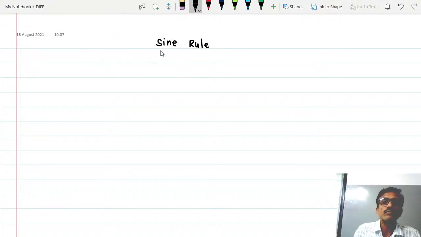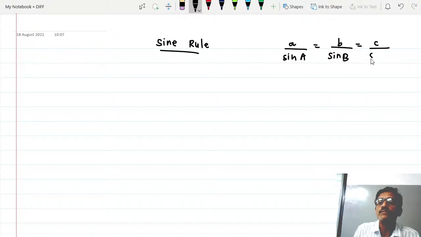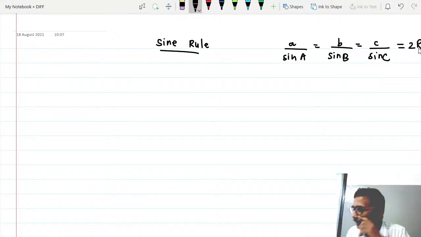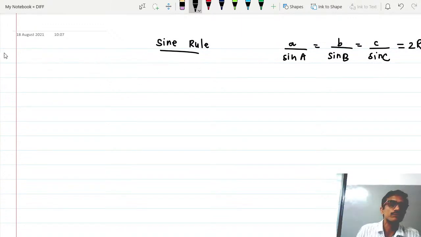A upon sine A is equal to B upon sine B is equal to C upon sine C, and that is equal to 2R. This is sine rule. Now we are going to prove cosine rule.